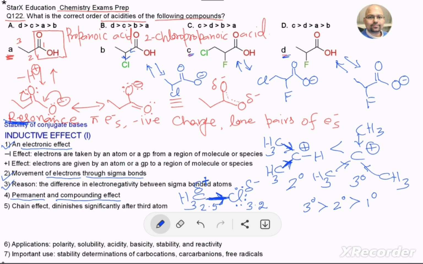Now we can see in these cases A does not have any electron withdrawing group, so it does not show any inductive effect. However, here B has one electron withdrawing group, chlorine, and C has 2 electron withdrawing groups.